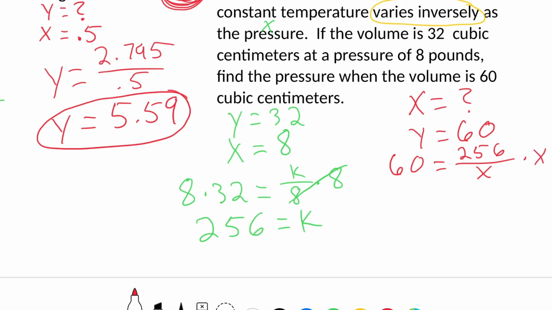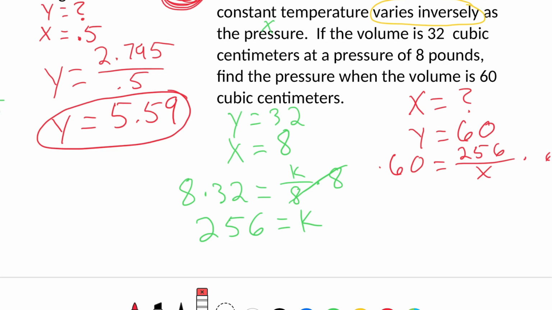We cannot just multiply by 256, that does not cancel out the x, or that does not cancel out the 256.